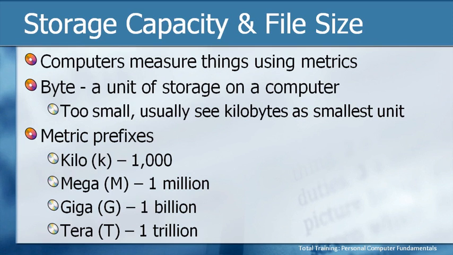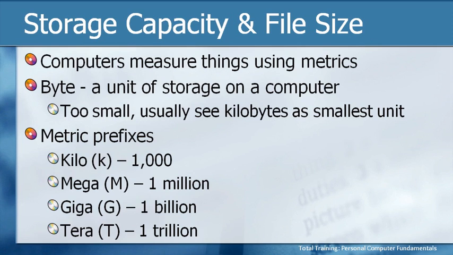Mega, with a capital M, is 1,000,000. Giga, with a capital G, is 1,000,000,000 with a B. And tera, which you will start hearing more and more of, is 1,000,000,000,000. So these are the prefixes that we can put in front of bytes. We can have kilobytes, KB, megabytes, MB, gigabytes, GB, and terabytes, TB.